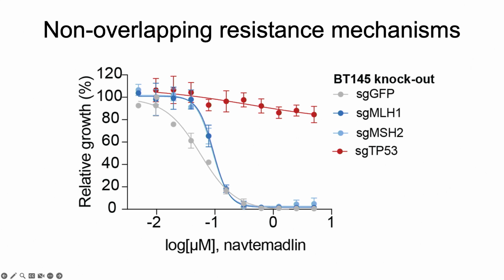We reproduced that with isogenics that had lost MLH1 or MSH2, and those had just as much sensitivity to naftamadlin as the GFP controls. And I'm pointing the laser at this screen that none of you can see. Whereas P53 loss led to full resistance, as we would expect.